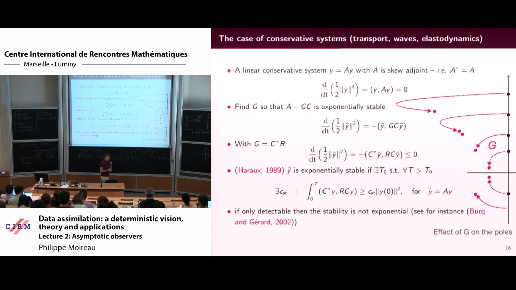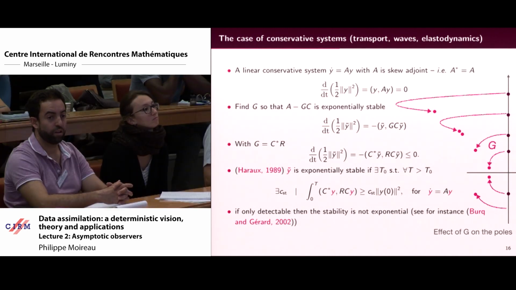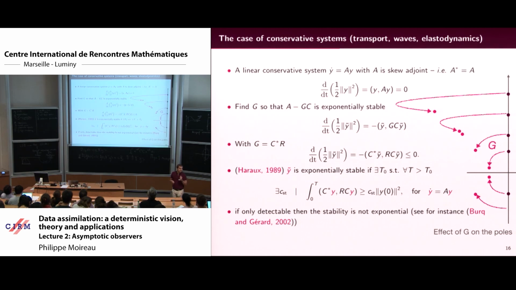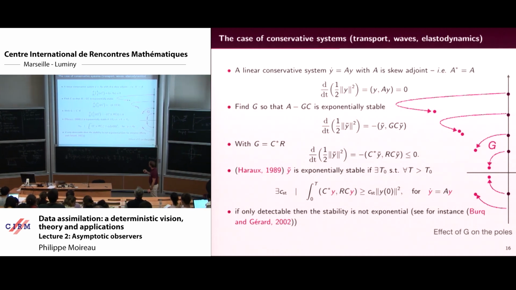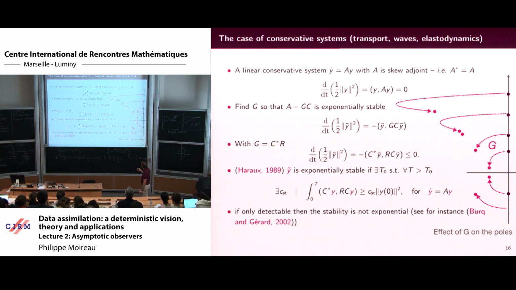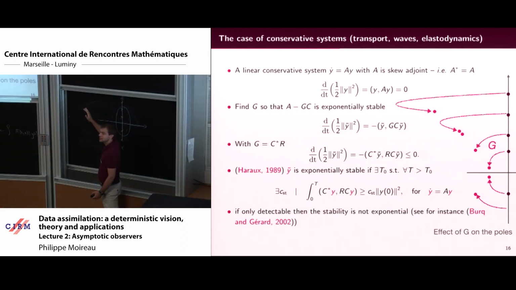But in the specific situation of a conservative system, you can prove it by choosing J equal C star R, which is the simplest gain that you can imagine. So it is really equivalent to choosing pi equal identity. With pi equal identity, if you have the observability condition, you will prove that actually you can shift all the modes, not only the first ones, all the modes, to the left-hand side.